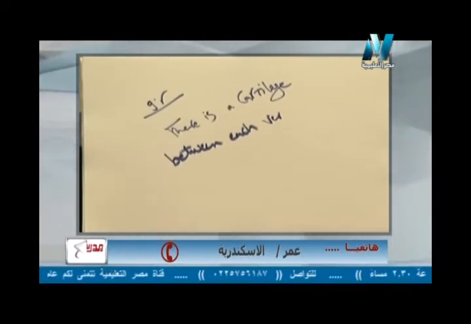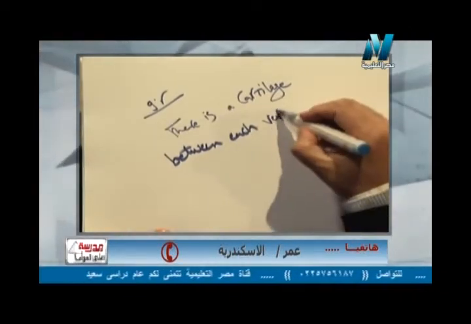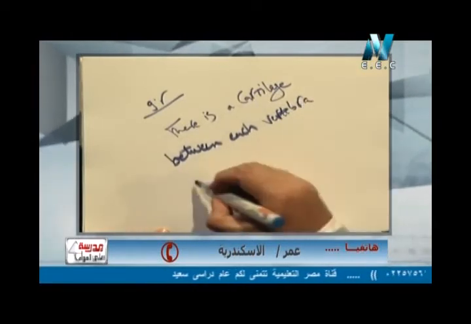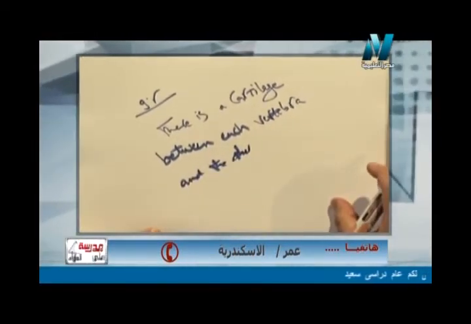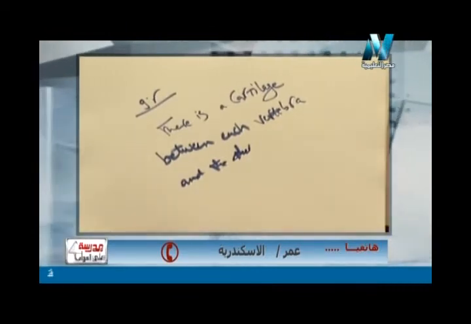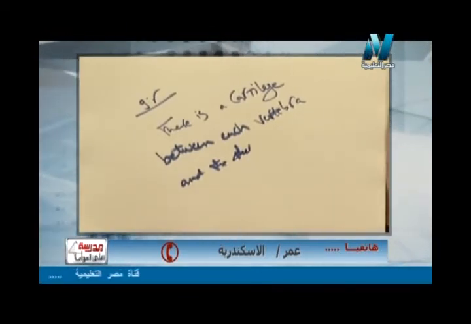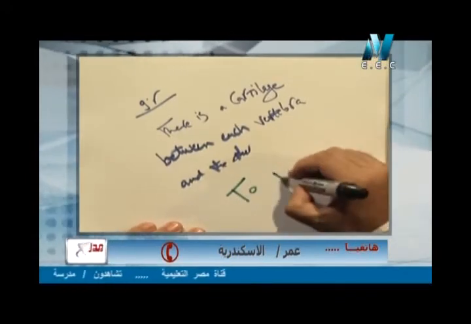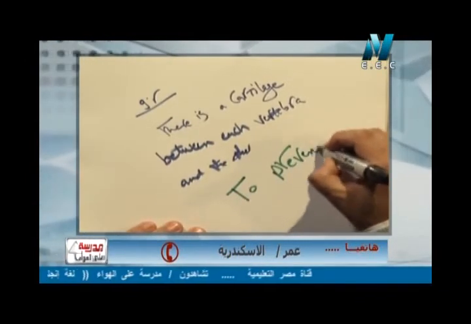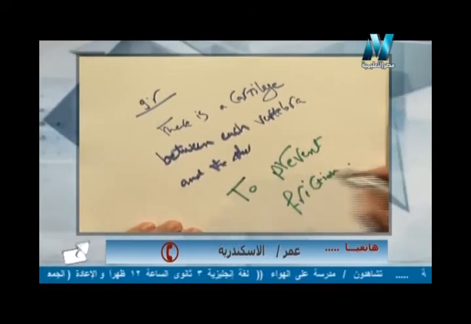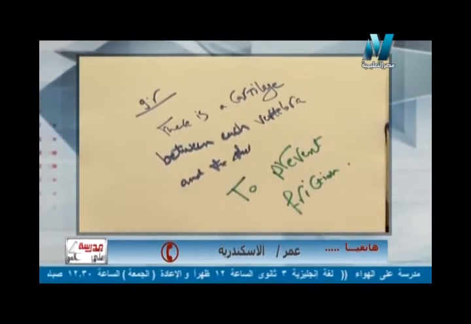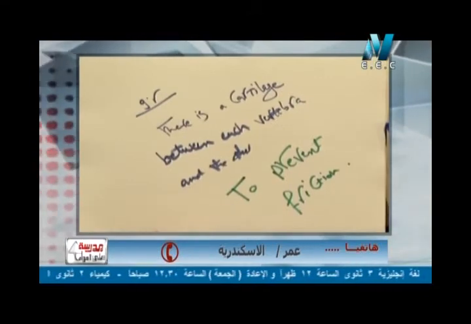There is a cartilage between each vertebra and the other. So the answer will be, because to prevent. The answer simply is to prevent, عشان تمنع friction الاحتكاك. Okay, so again, to prevent friction.